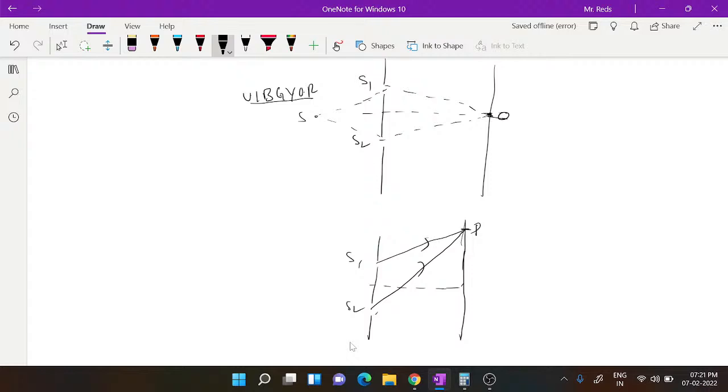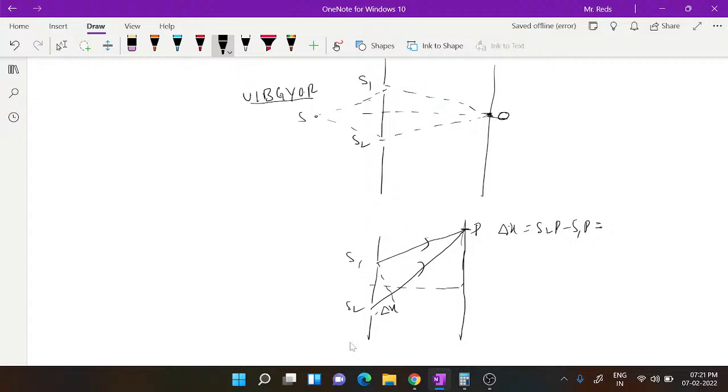Consider the path difference for any particular color; till now we have not specifically discussed blue or red. If you consider blue color, then the path difference is given by S2P minus S1P, delta X.